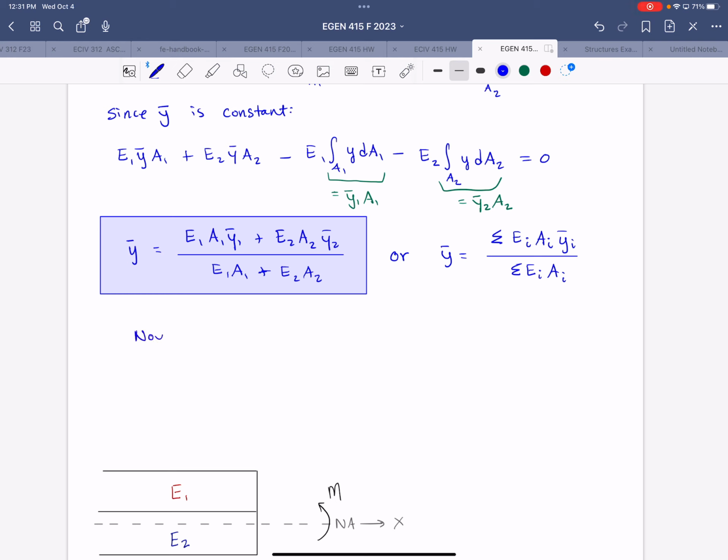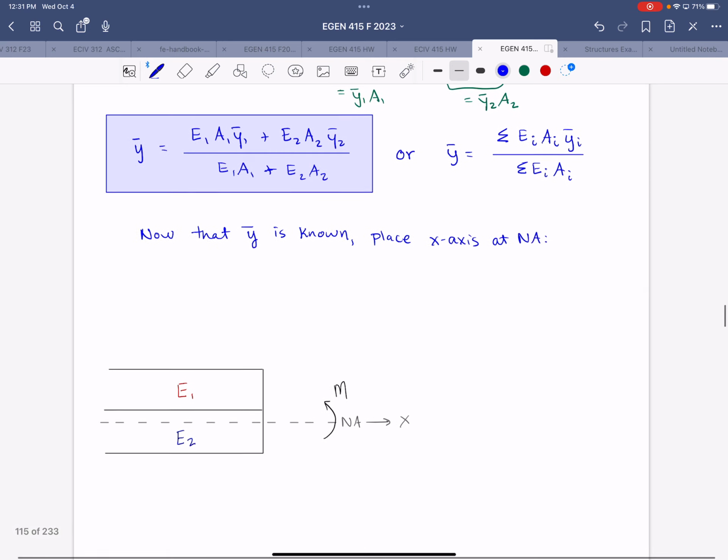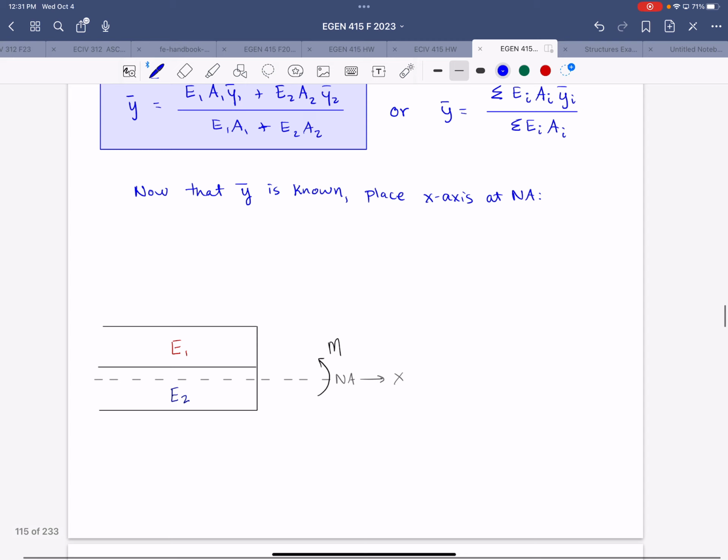And now that we know the location of y bar, we will place the x-axis at the neutral axis. So that's what's shown below.